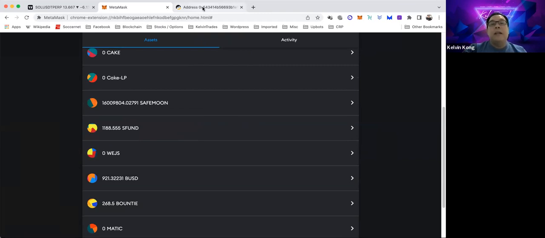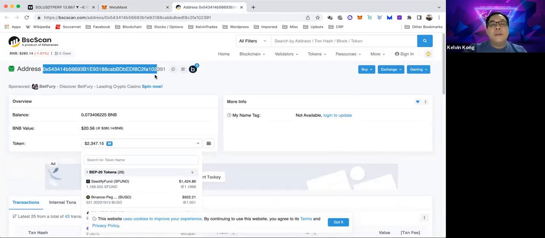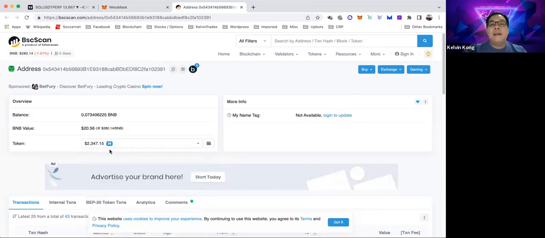And with my wallet address, you can actually see what I have inside, how much I have. That's the beauty about blockchain.